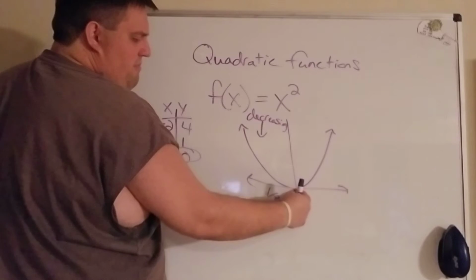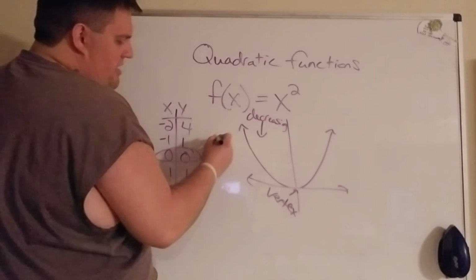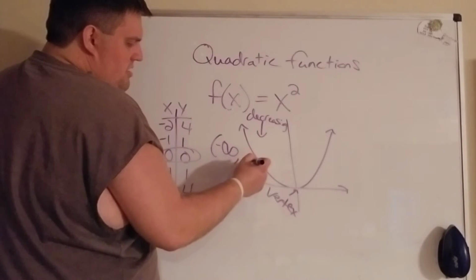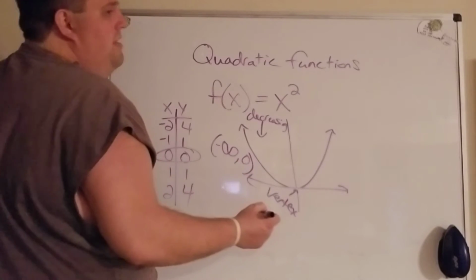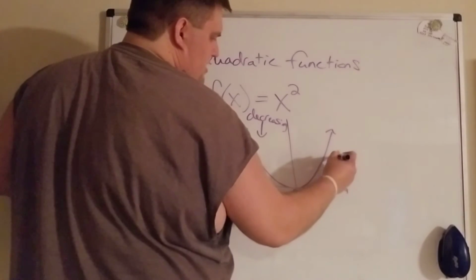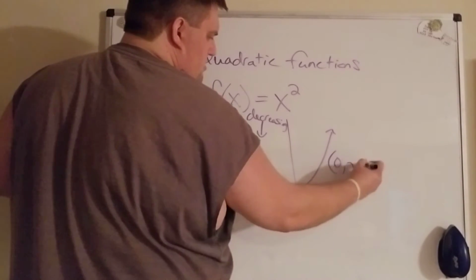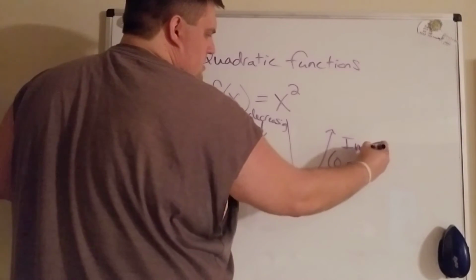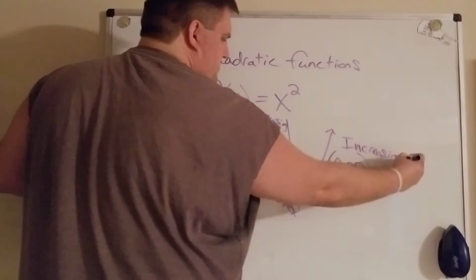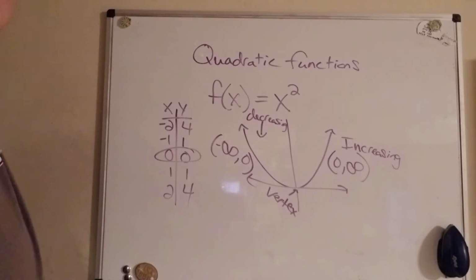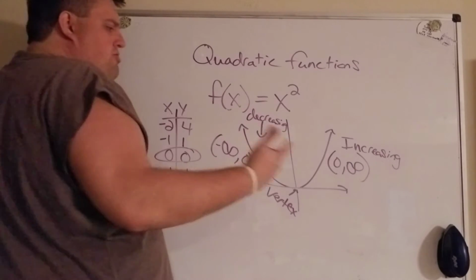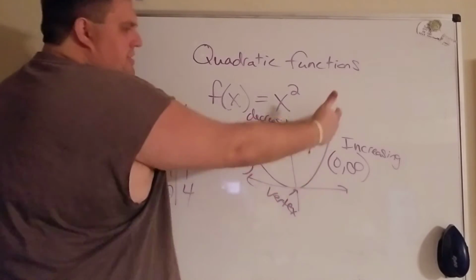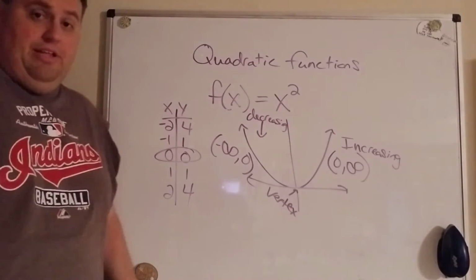Then, from there, from 0 to positive infinity, this is going to be increasing. And so that just basically means what's going on with the graph. So usually in parabolas, at some point, it's going to be decreasing for half of it. It's going to be increasing for the other half. That's just what's going to go on, right?